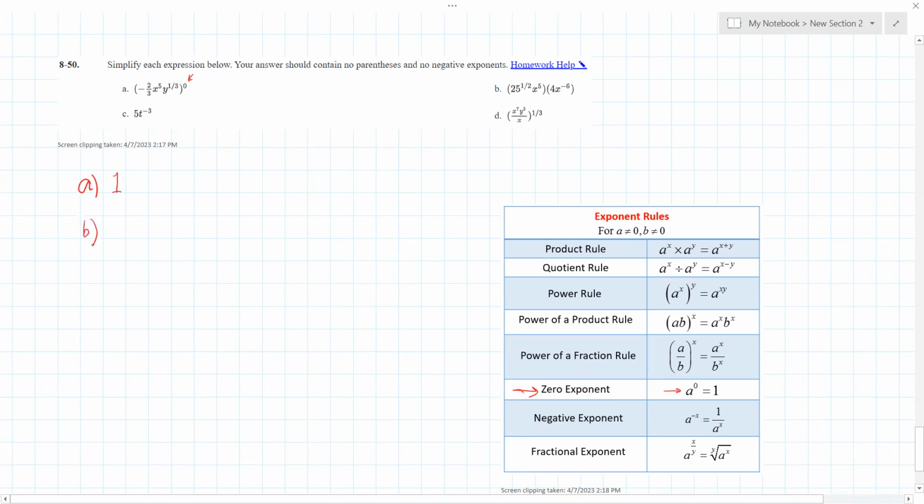In part B, here we multiply. First, let's start with 25 to 1/2. So according to this rule, 25 to 1/2 will be the root of 25, 1 over 2.